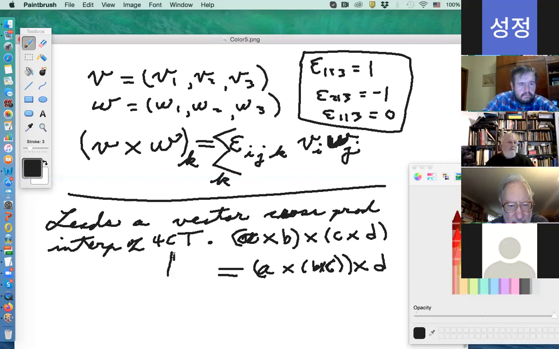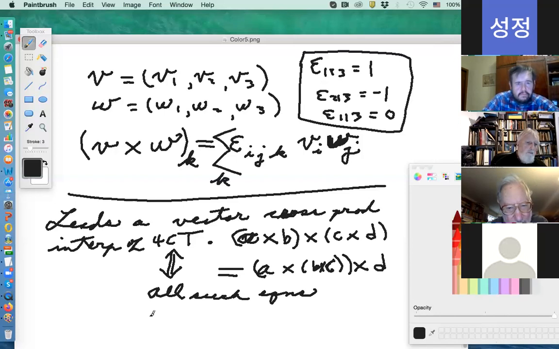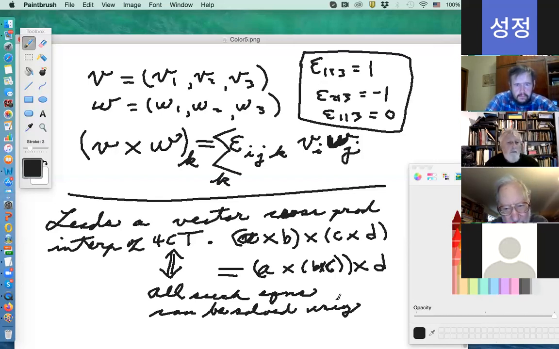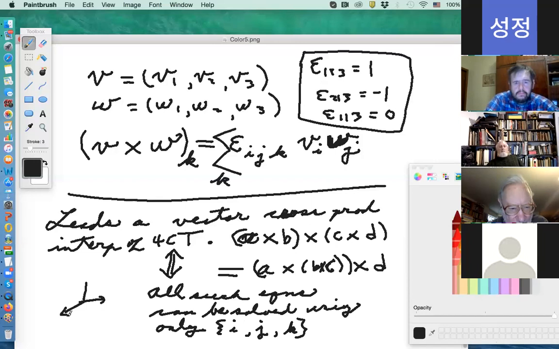The four-color theorem is equivalent to all such equations can be solved using only i, j, and k, the three directions in three space. We're talking about vector cross product algebra. Solved with both sides non-zero.